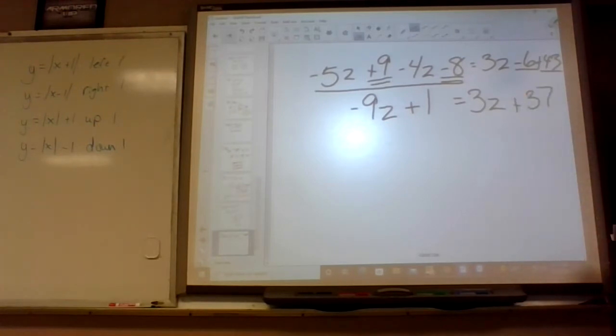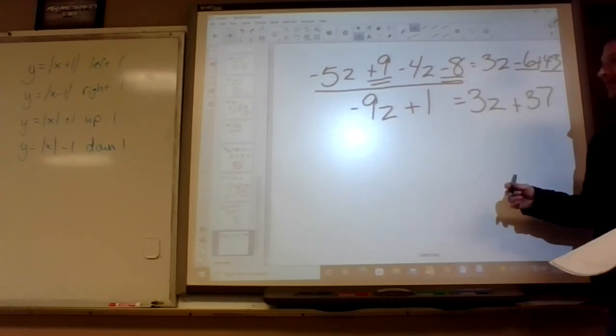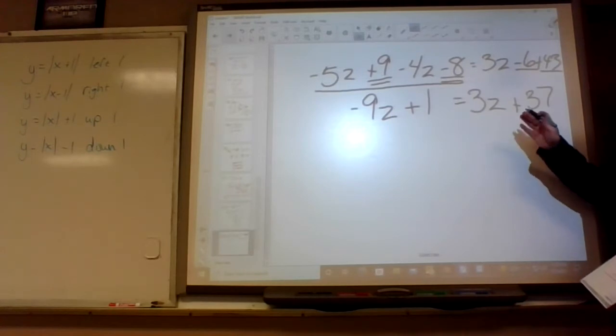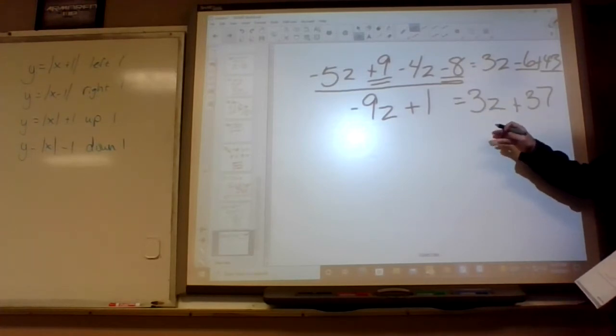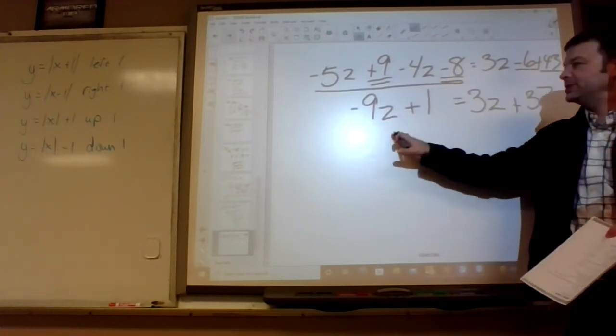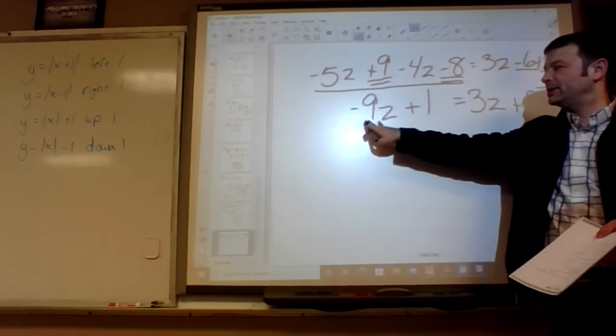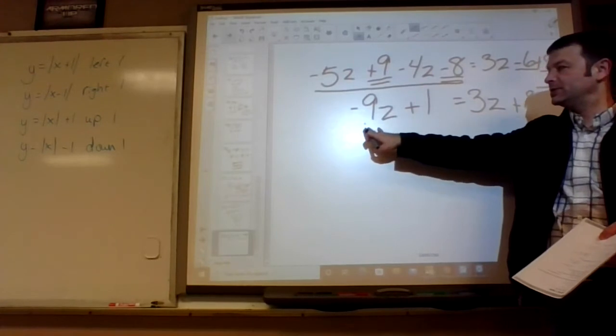37. What do we do when we have z's or x's or whatever on both sides, variable on both sides? Get rid of them on one side. So how would I get rid of like the 3z? So we've got a minus 3z on both sides. Or I could have added 9z to get rid of the negative 9z.